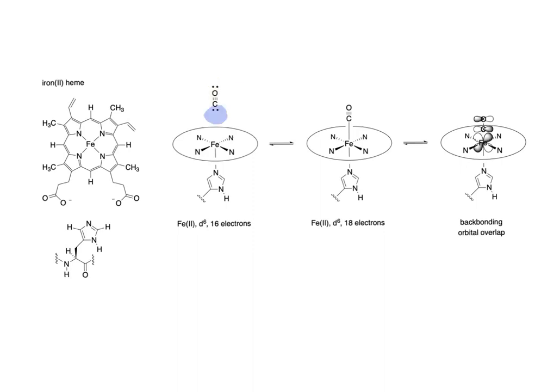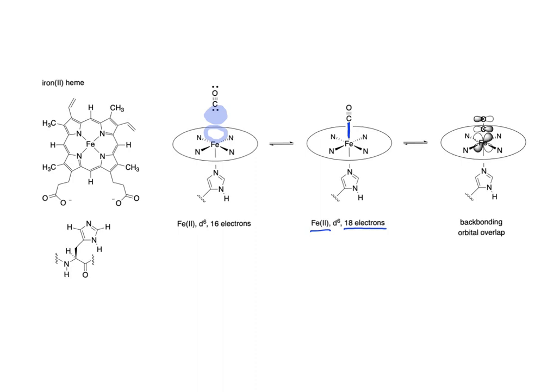The HOMO of carbon monoxide will donate electrons to an empty orbital of iron to form a sigma bond between iron and carbon of the carbonyl. Carbonyl complexation does not change the oxidation state of iron, so it remains iron in the +2 oxidation state. But now this fulfills the 18 electron rule.